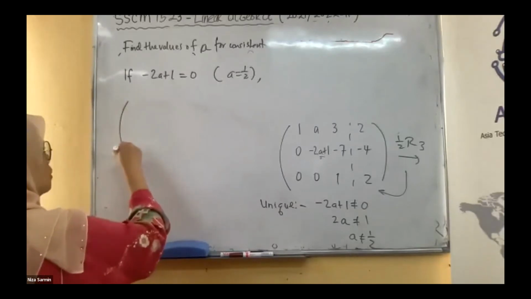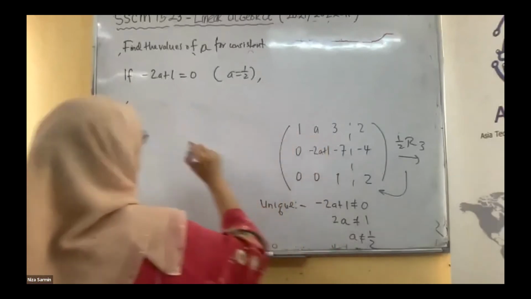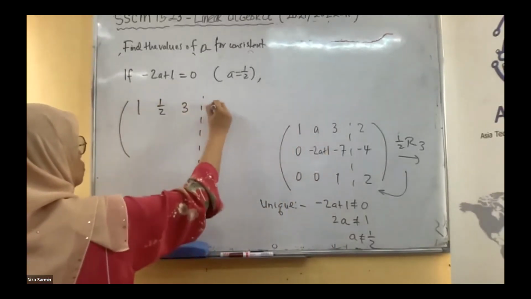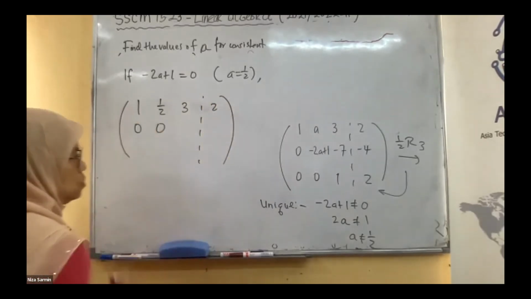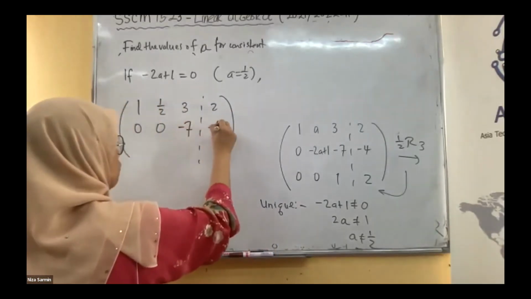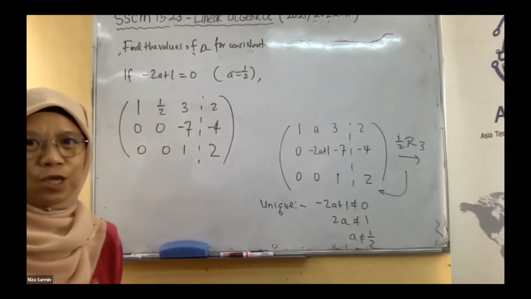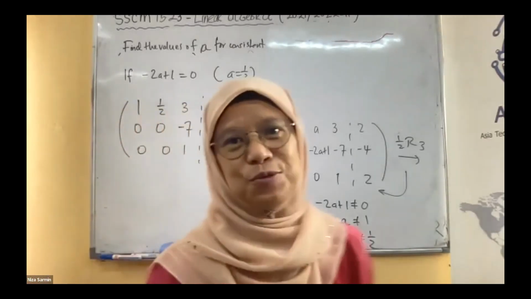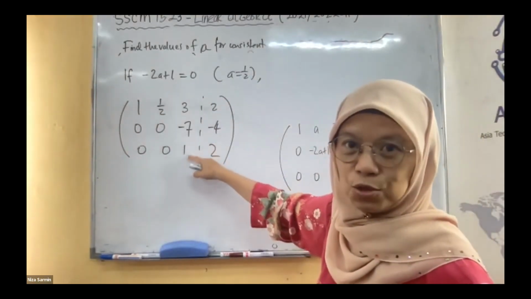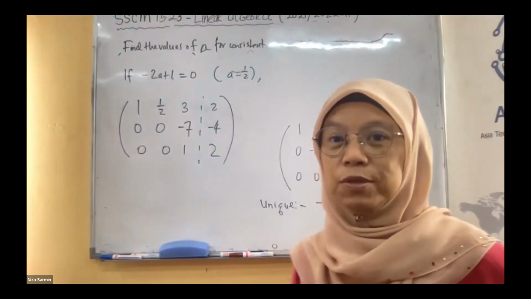So if A is a half, we get 1, 1/2, 3, 2, 0, 0. Just now we want it to be 0. -7, -4, 0, 0, 1, 2. Okay, and you need to reduce. You see, this is not a multiple of this. So it won't be all rows of 0. So I will suspect that there is no solution for this one.